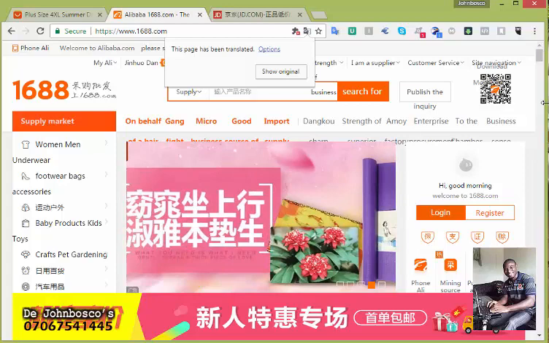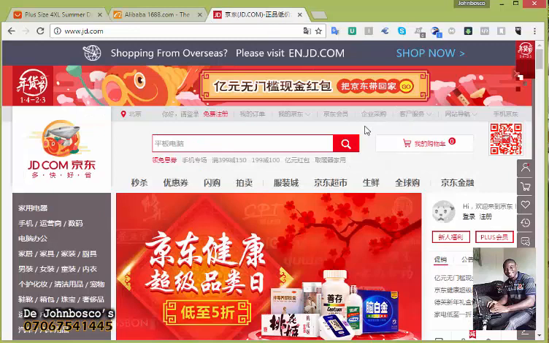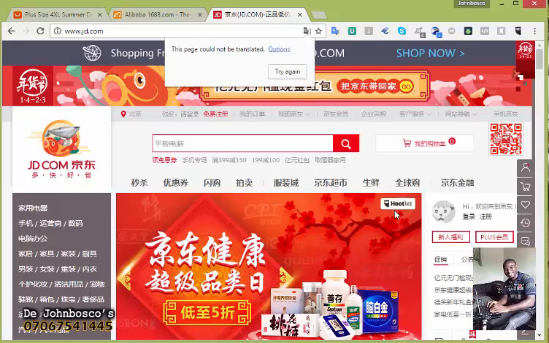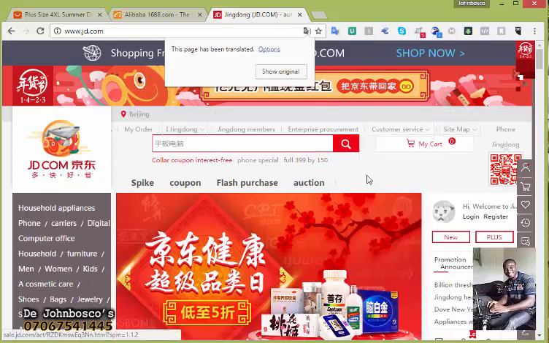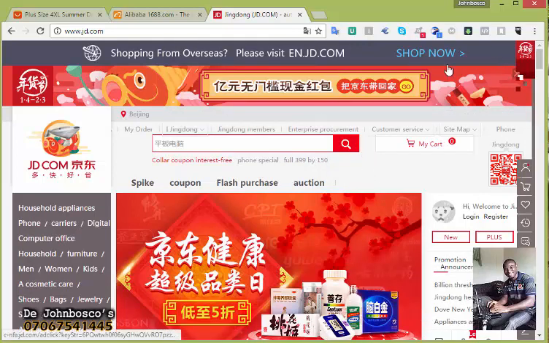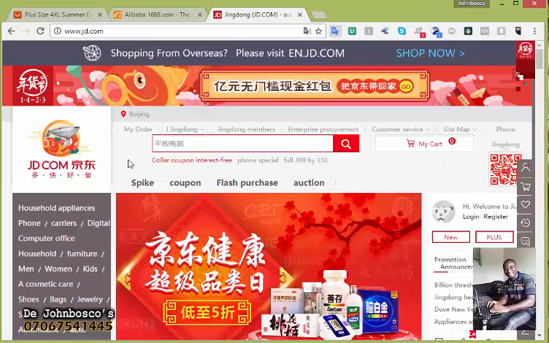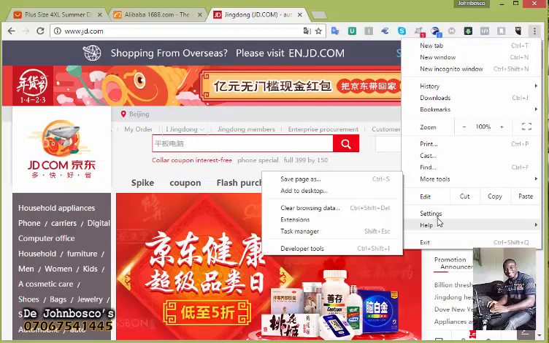Now, if you are not using Google Chrome and maybe for some reasons you need to stick to things like Firefox and the rest, go and get an extension. Look at this extension. It's a Google Translate. For Google Chrome, for you to add an extension, you need to go to the settings, go to more tools, and then choose extension.